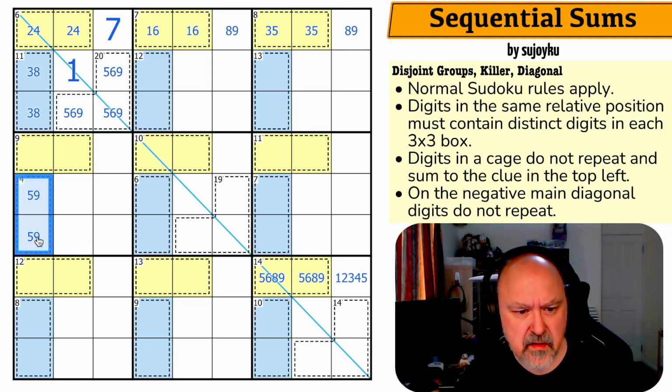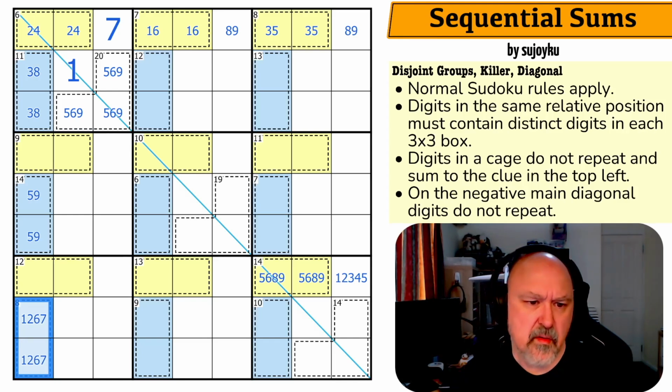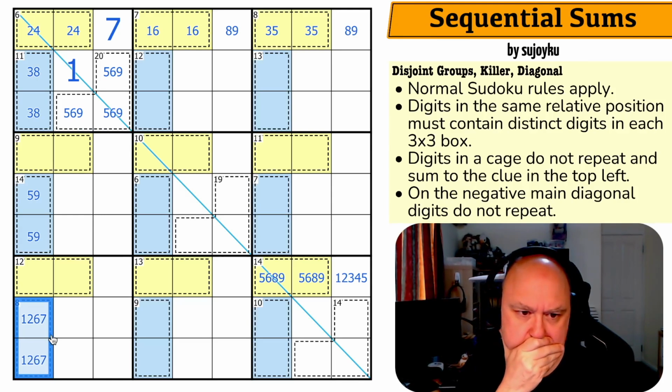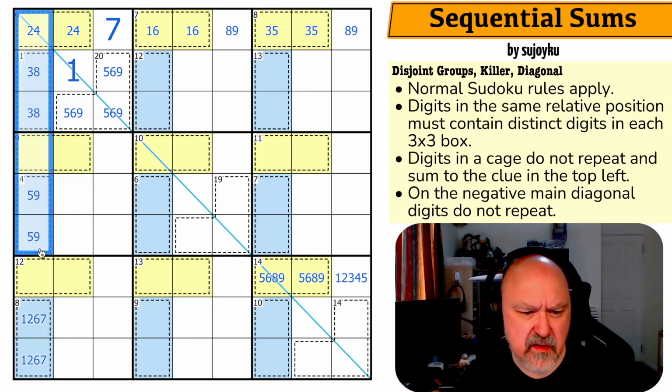So what's this 8? 1, 7 works. 2, 6 works, but 3, 5 doesn't. So where's 1 in this column?